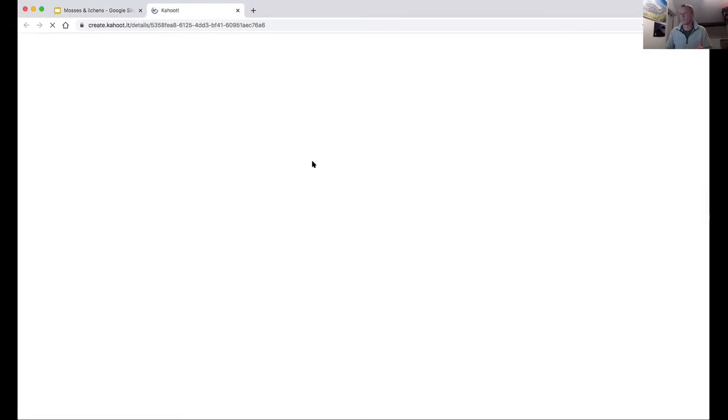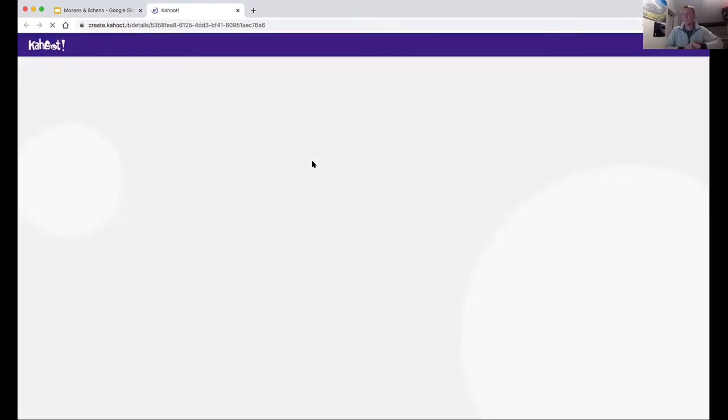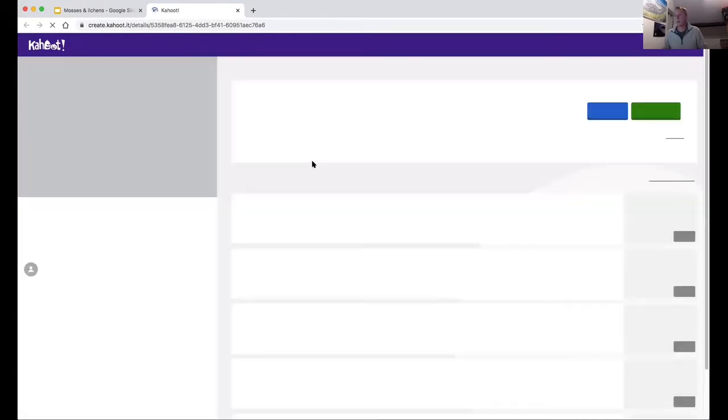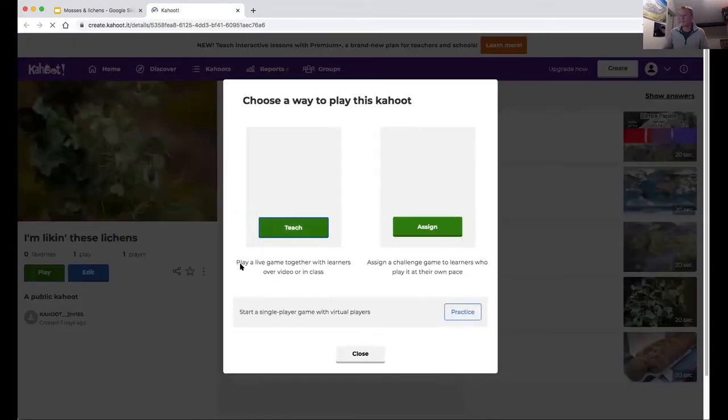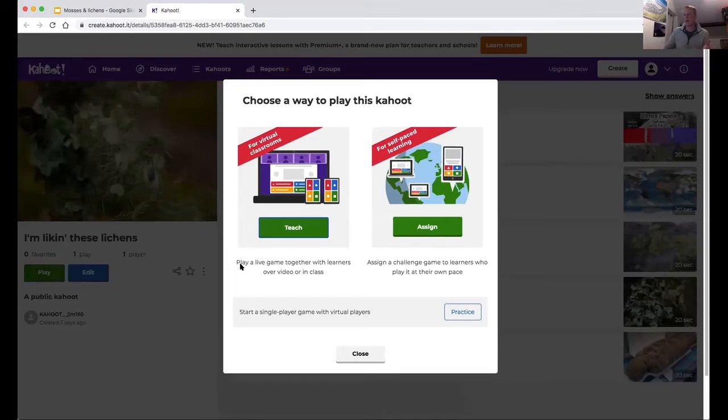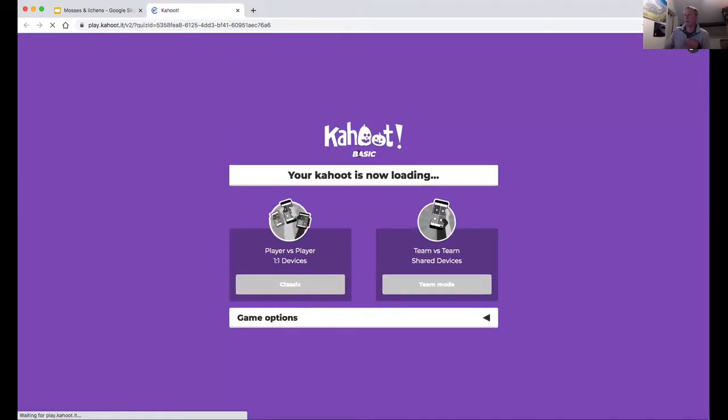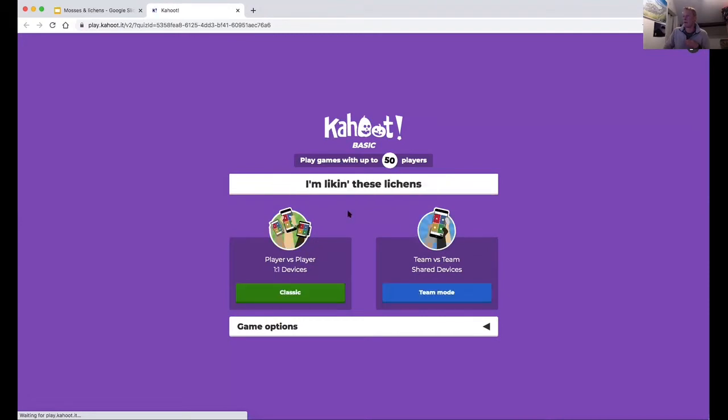world of lichens. Now, if you've got a second device here and you'd like to take part in a Kahoot, the code is going to come up shortly for this. If you were to type in kahoot.it on a web browser, we're going to play a classic game.